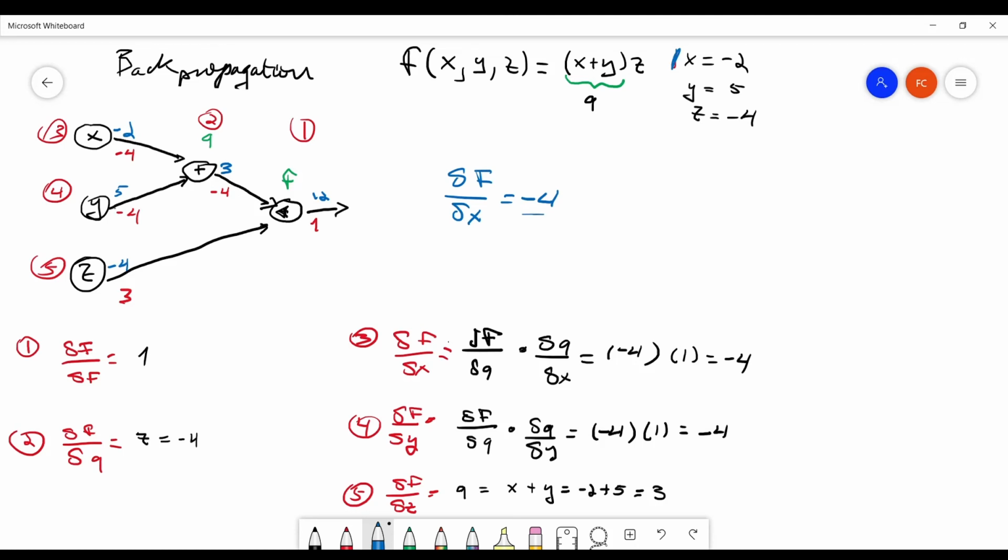So if we have a small value a, and we do something like x plus a, then f of x, y, and z is decreased by 4 times that value.